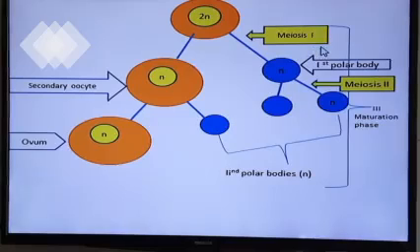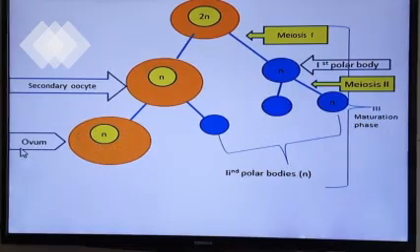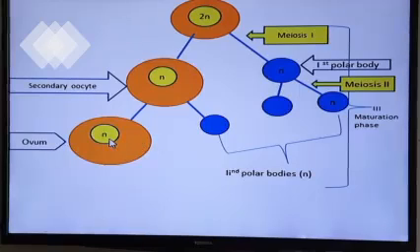Meiosis is the reduction cell division, and here meiosis takes place. Then the secondary oocyte undergoes cell division. It forms a cell known as ovum. It is haploid, unlike the primary oocyte.